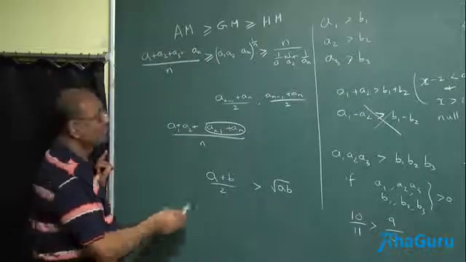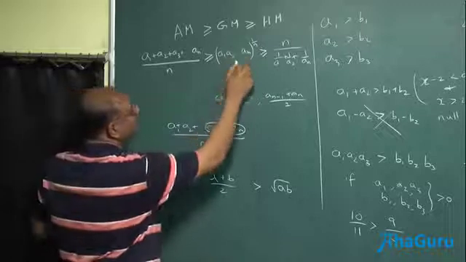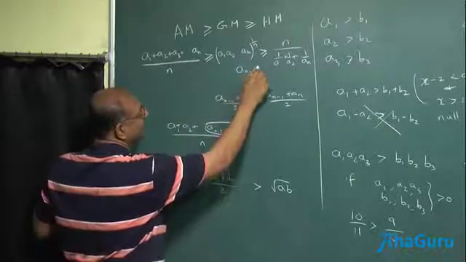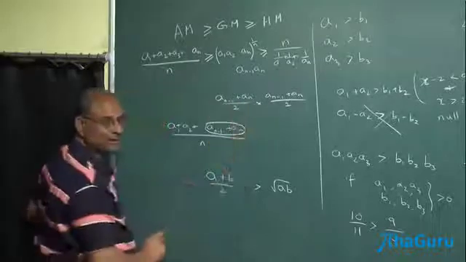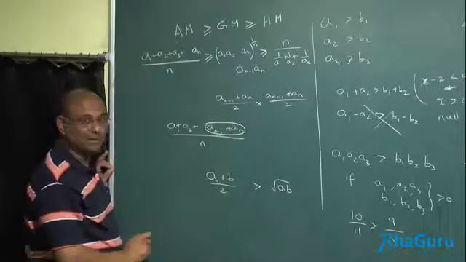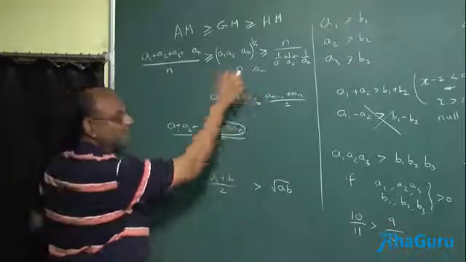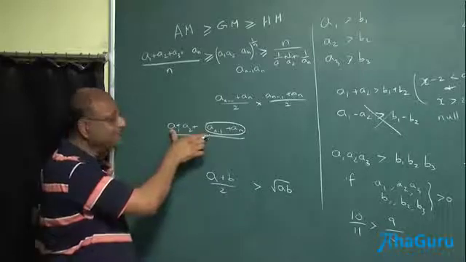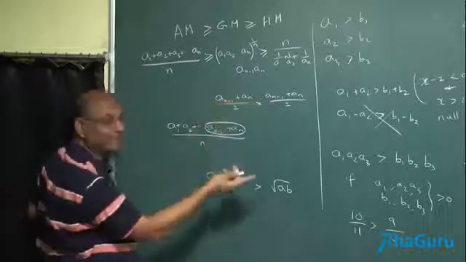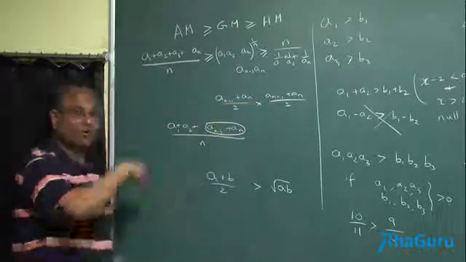Correct? So if I look at that an and an minus 1 that I had there and compare it with these two, which product will be bigger? This is going to be bigger than that. Right? Without changing the arithmetic mean, I have now made the new geometric mean larger than the older geometric mean.